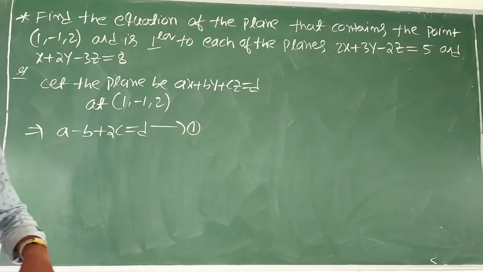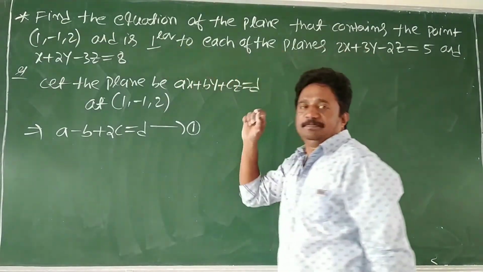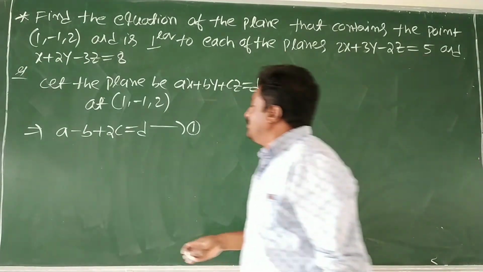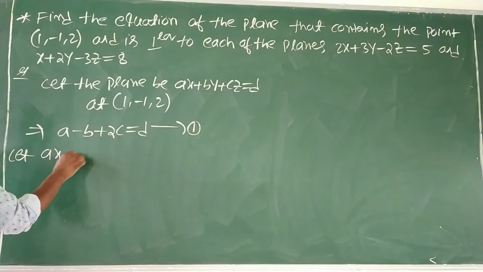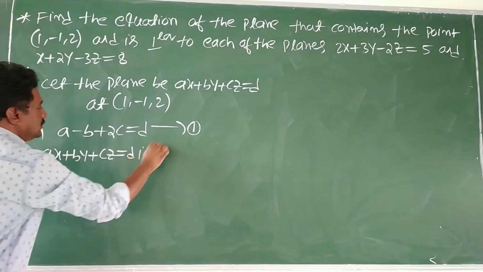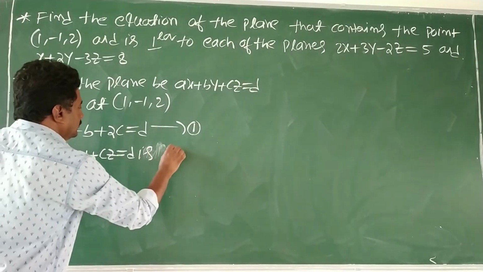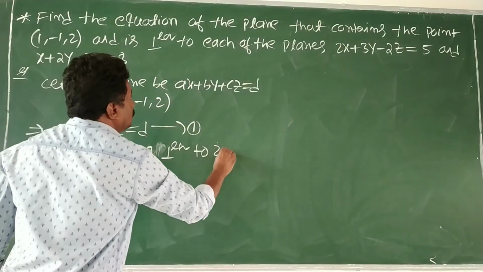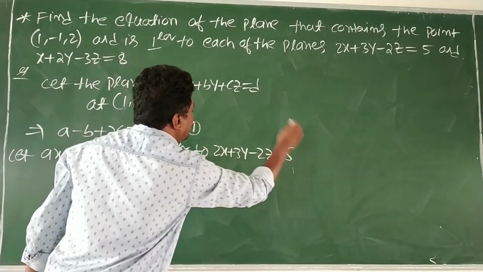Next, this plane is perpendicular to both the given planes, that is what is given in our question. Let ax plus by plus cz equals d be perpendicular to the first plane, 2x plus 3y minus 2z equals 5.